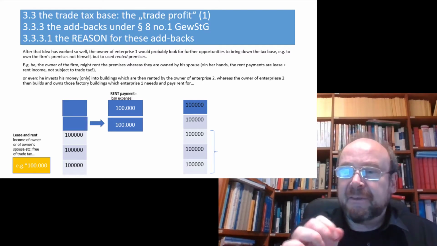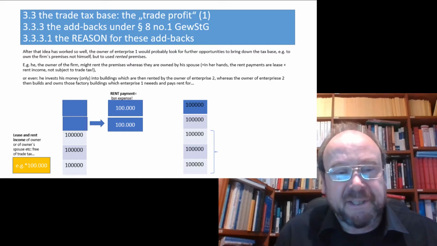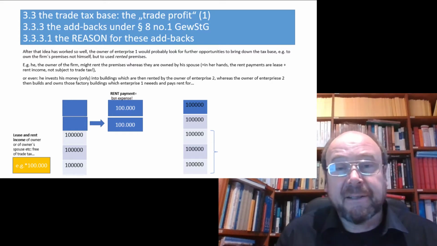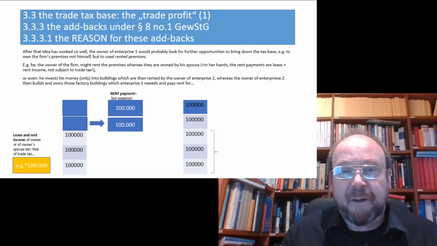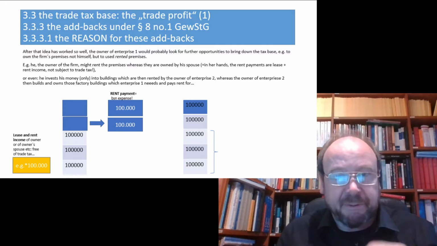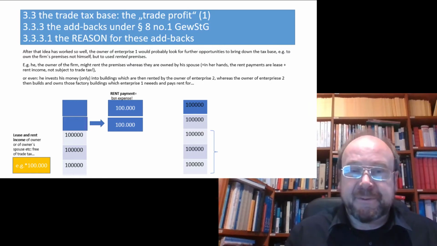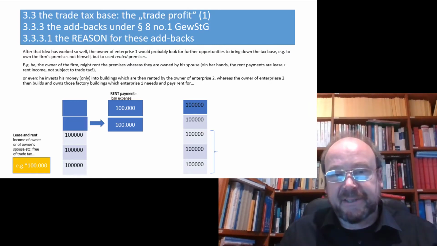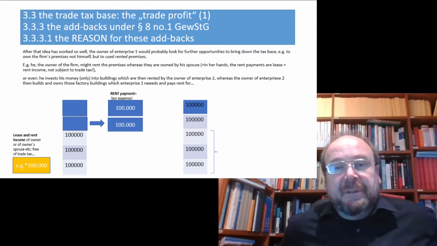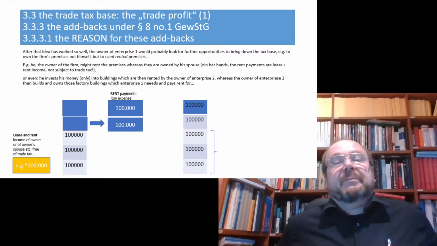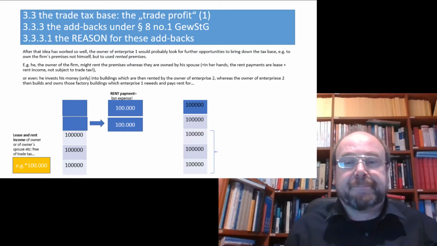For example, you might knock on the door of enterprise owner 2 and say, hey, 2 guy, until now, I own my factory building, you own yours. What about this? You sell me your factory building, I sell you my factory building, and then we pay lease payments across.